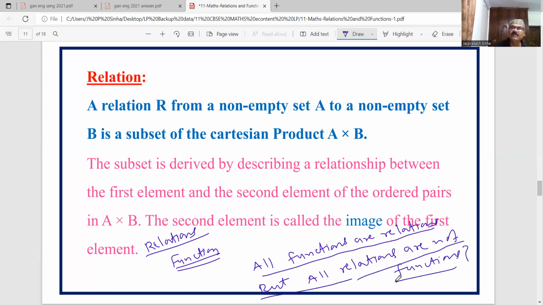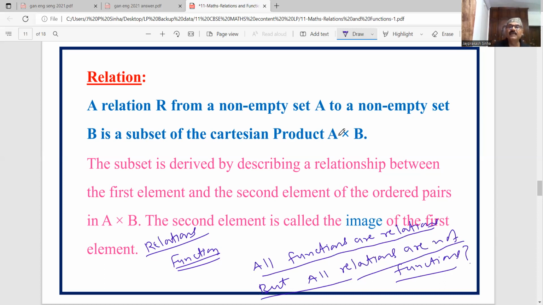And that we are going to see in our next class, in the next lecture. In detail we'll see, if there are so many relations, what are the conditions for a relation to be a function. That we'll see in the next class.